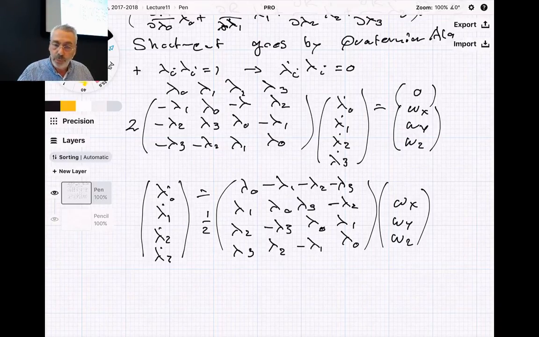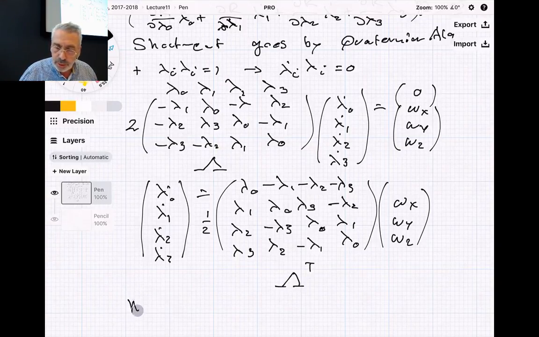And lo and behold, if we call this matrix capital lambda, then apparently this is capital lambda transpose. So they're sort of an orthogonal matrix in 4D or something like that.